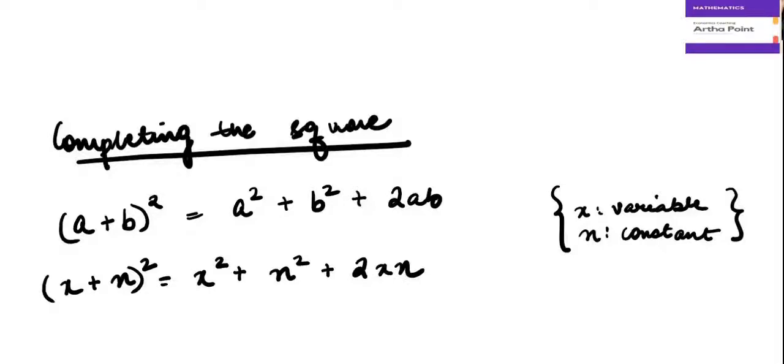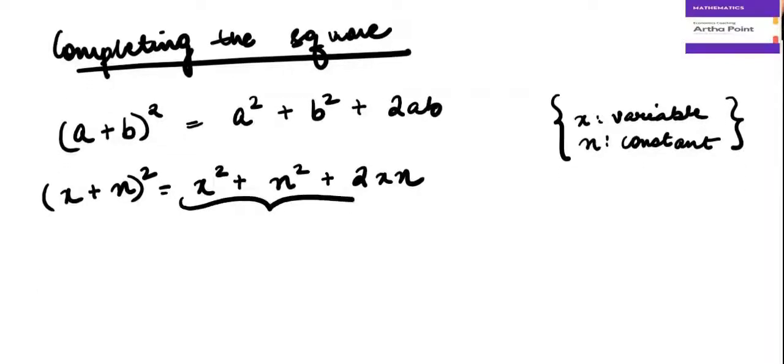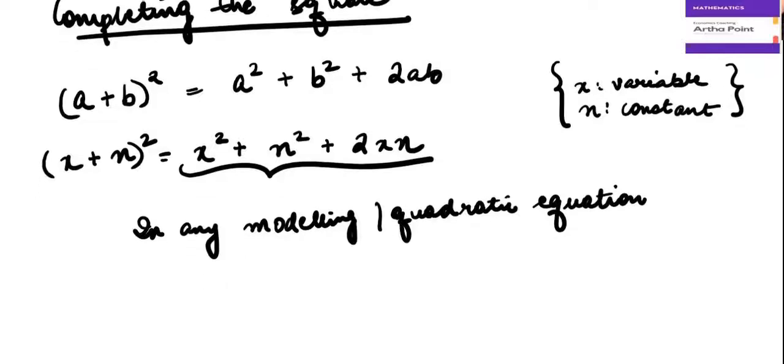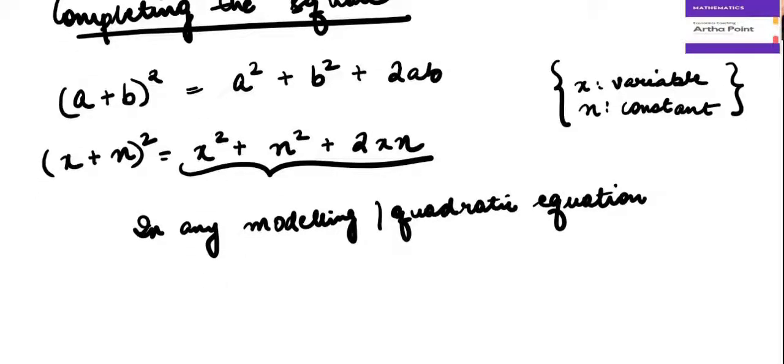Now, usually, in any quadratic equation that would be given to you, we would not have this n square part given to us. In this 2xn aspect, you would be given something.